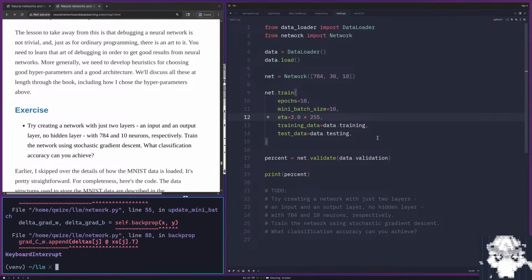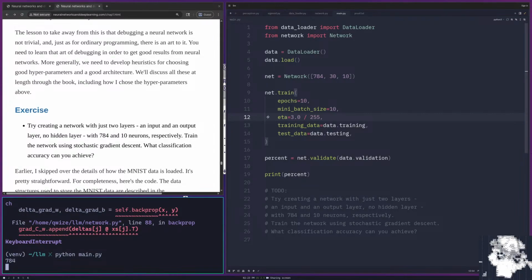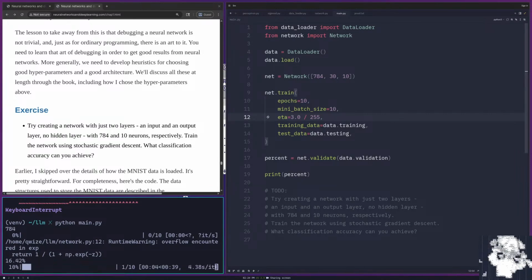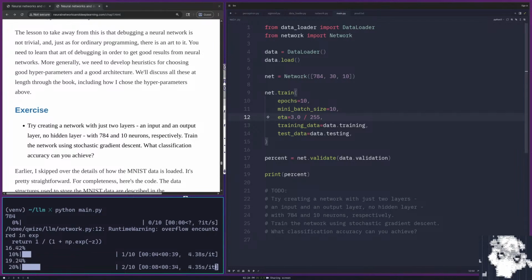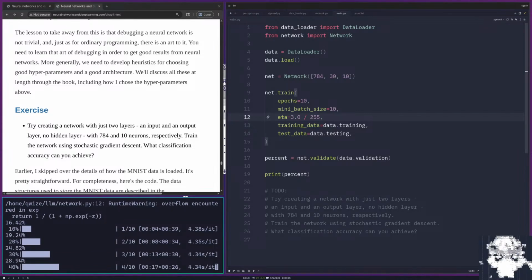No, that's not helping. What about divided by 255? Way smaller because the inputs are way bigger. Well, it's not as good as before. It does seem to at least be learning at all. It's actually like going up over time.